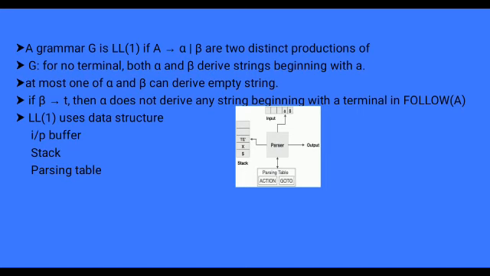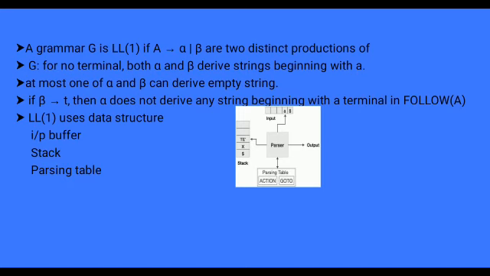And next one, a grammar G is LL(1) if it satisfies the following: if A tends to alpha and A tends to beta are two distinct productions of grammar G for the non-terminal A, then alpha and beta do not derive strings beginning with the same terminal a. At most one of alpha and beta can derive the empty string.